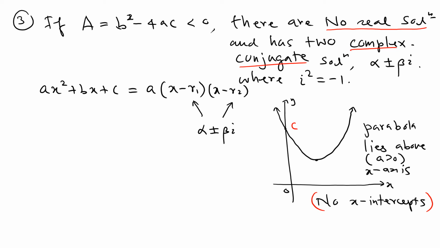So that means no real x-intercepts. Good. So those are the three cases of the quadratic formula. Depending on the situation, you're going to get different answers.